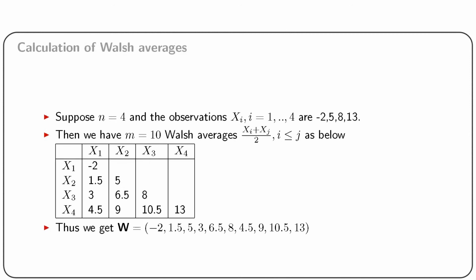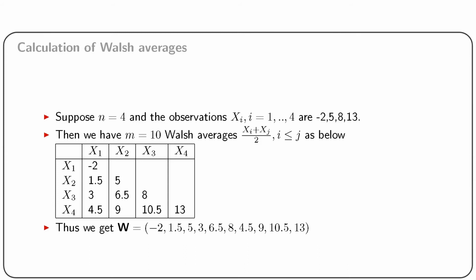Now, for a given dataset, the Walsh averages form a two-dimensional array, and we shall demonstrate the calculation and ordering of such averages. Suppose n equal to 4 and the observations are -2, 5, 8 and 13. Then we have m equal to 10 Walsh averages xi plus xj by 2. Now consider the two-way table with row and columns both indicated by x1, x2, x3 and x4. Since we need to maintain i less than equal to j, consider the lower portion of the diagonal element in each column.